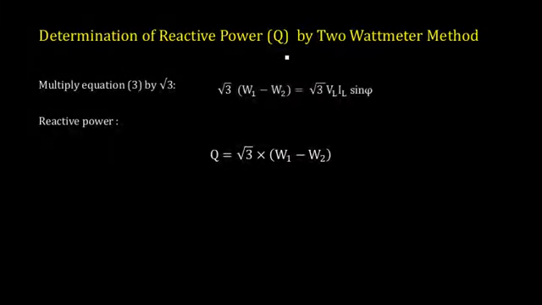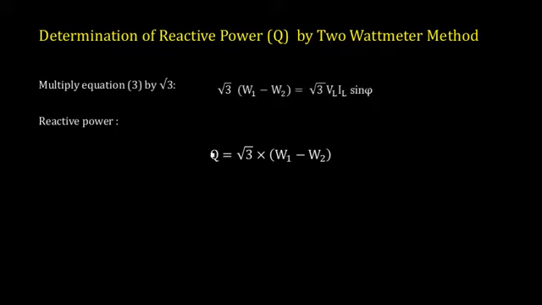Now we can determine the reactive power using this 2 wattmeter method. Already we had equation number 3. So when you multiply equation number 3 with root 3, you have root 3 (W1 minus W2) equal to root 3 into VL IL sin phi. The equation number 3 was W1 minus W2 equal to VL IL sin phi.